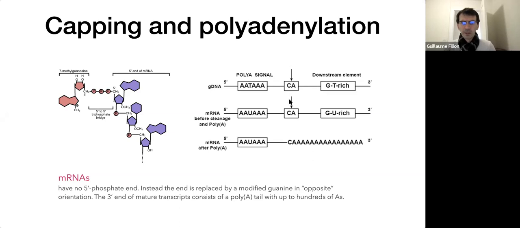And so it's going to cut the RNA on the next CA if there is a GU-rich tract after that. And so the RNA is cut, and like this A here will be the first of a long series of A that can grow to a couple hundred. That depends a little bit on the cell cycle, plenty of things, etc.